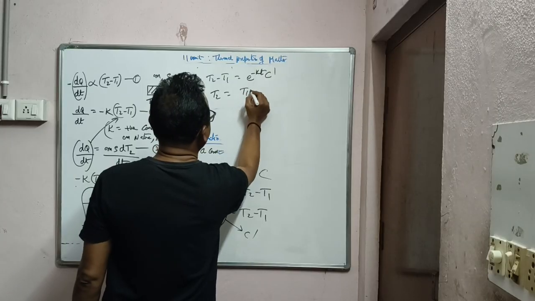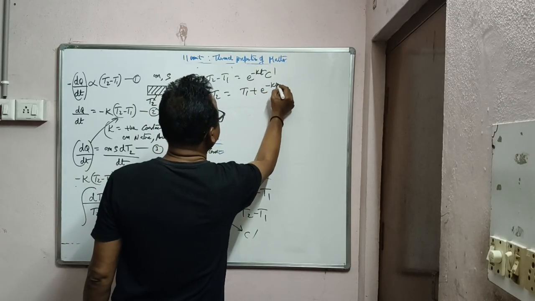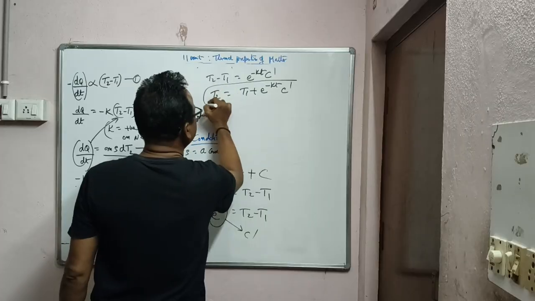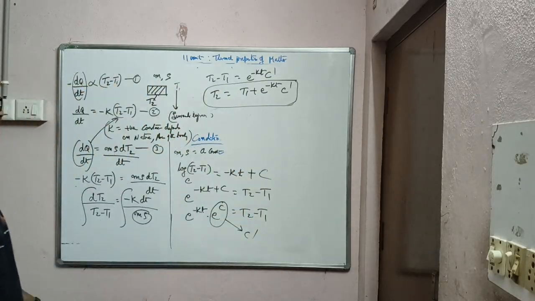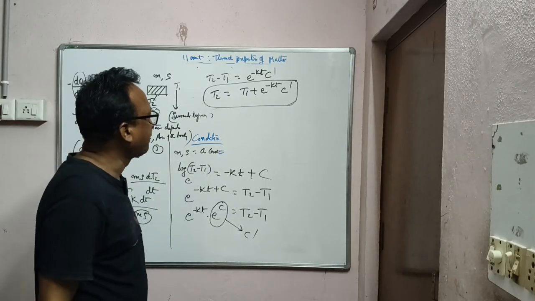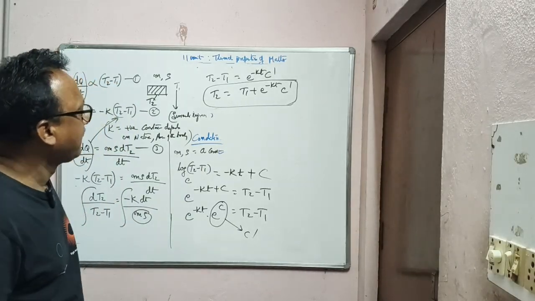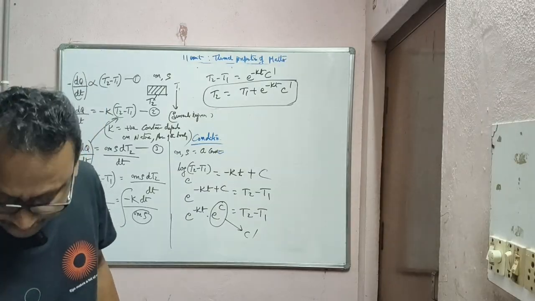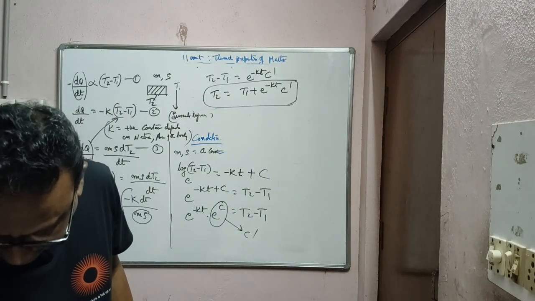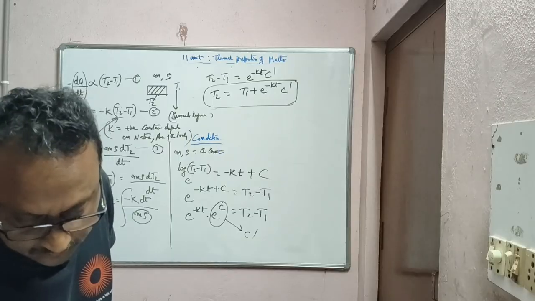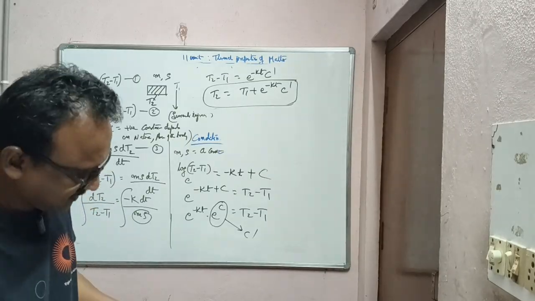T2 is equal to T1 plus e to the power of minus kt into c dash. And this is the temperature of the body you can get by using Newton's law of cooling equation. Clear? That's all.